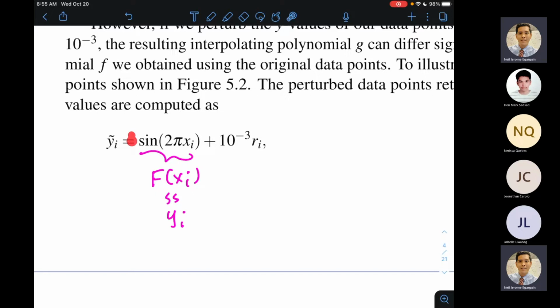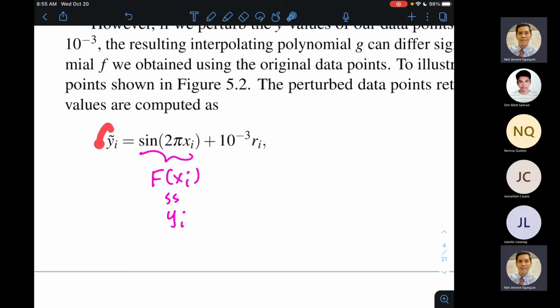Kaya lang dahil transcendental itong value na to, halimbawa gumamit ako ng calculator para makuha itong data na to, hindi ko maka-capture yung eksaktong value ni sine 2 pi x sub i. Or kung galing siya sa experiment, posibleng contaminated siya by measurement noise. Right? So hindi ito yung eksaktong number na usually mai-input ko sa interpolation algorithm ko.